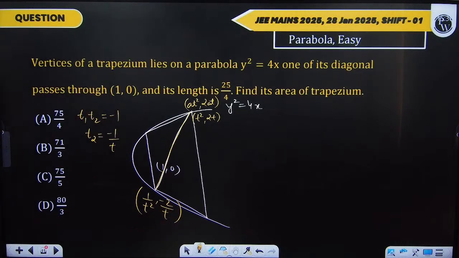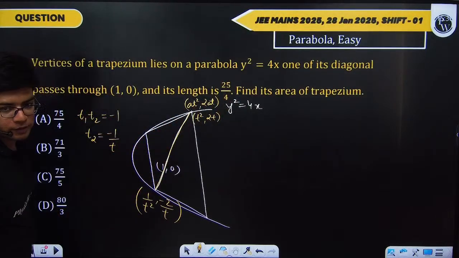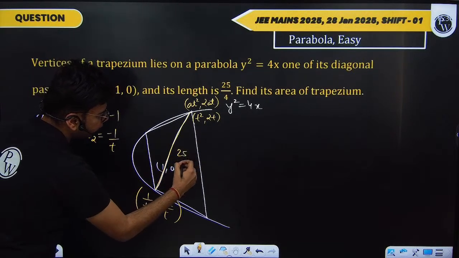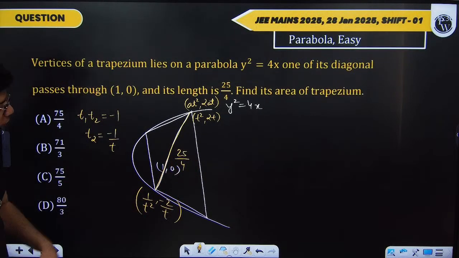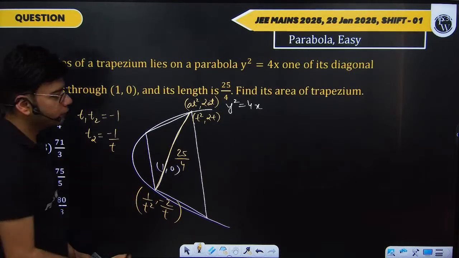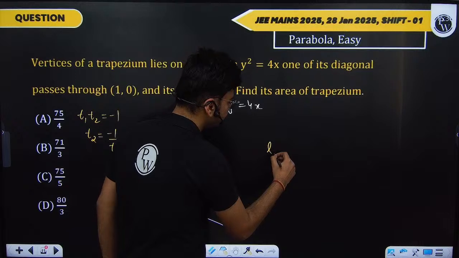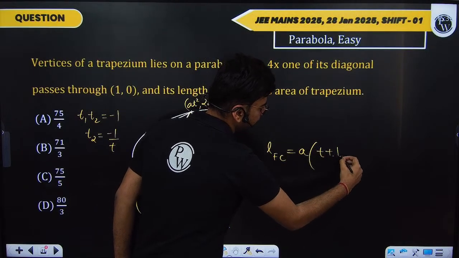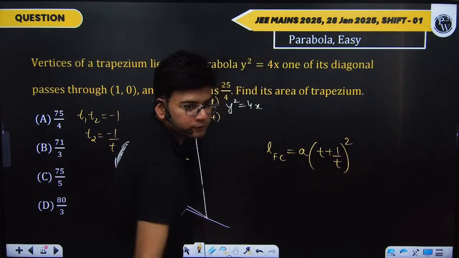Now, once you have the coordinates of these two points, it is also given that the diagonal's length is 25 by 4. So this distance is given as 25 by 4. Either you can apply the distance formula and equate it to 25 by 4, or you directly remember the length of the focal chord as a(t plus 1 by t) whole square.